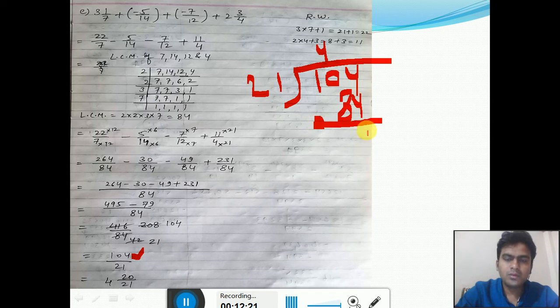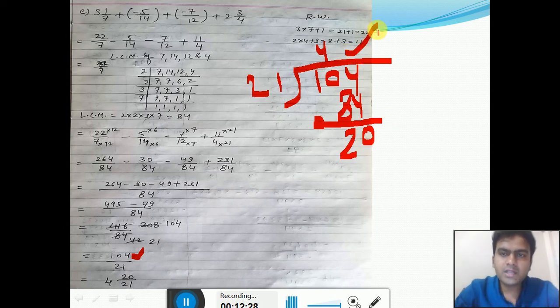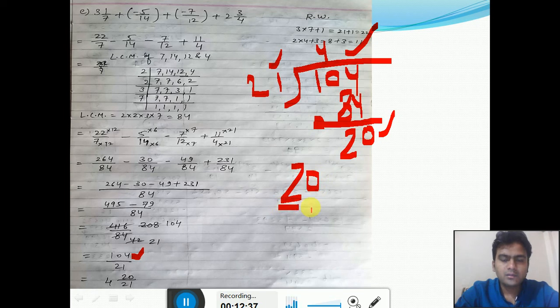So 4 minus 4 is 0, 10 minus 8 equals 2. So the quotient is here, the remainder is here, and this is the divisor. So first that remainder we will write as the numerator, the divisor 21 as the denominator, and the quotient in the beginning before this fraction. So our answer is 4 complete 20 upon 21.